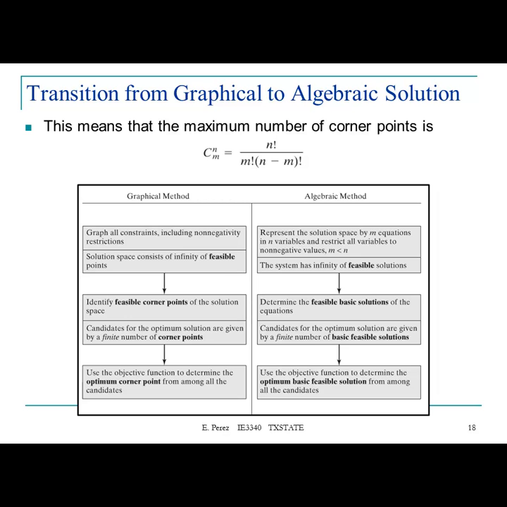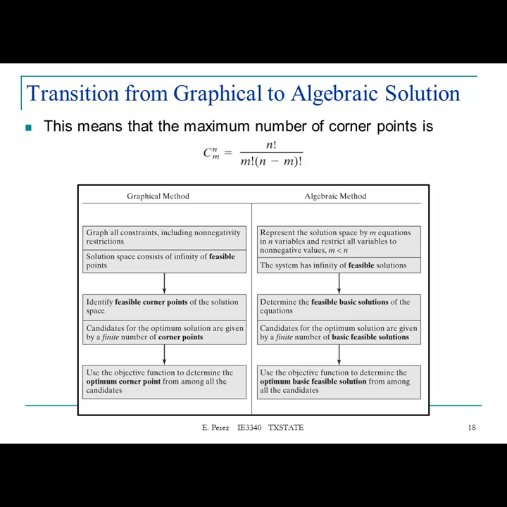The algebraic method represents the solution space by m linear equations in n variables, and restricts all the variables to non-negative values, with m less than n, and the system has an infinity of feasible solutions.